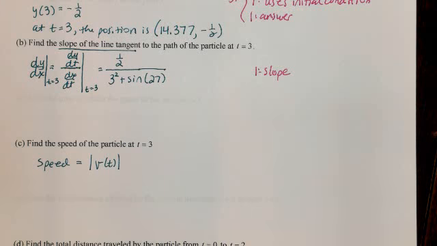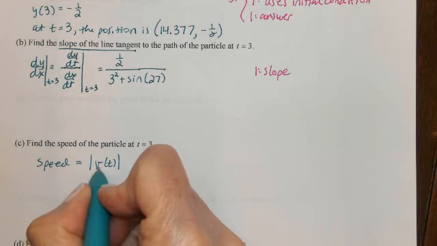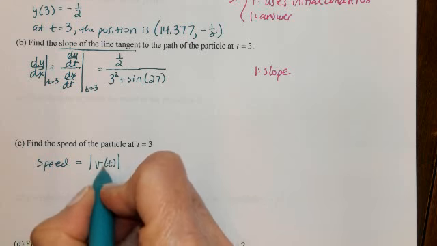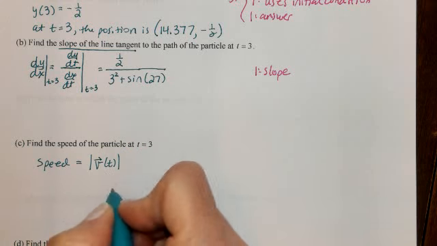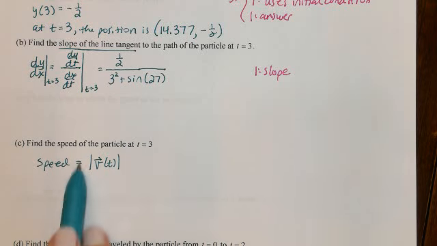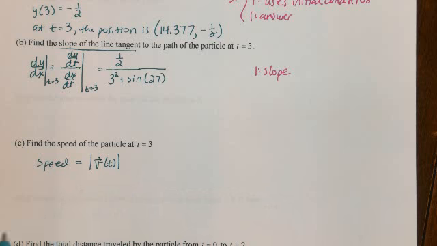This is how we wrote it for horizontal and vertical motion. The difference now is that the velocity is not a single value. The velocity is a vector. And so all of a sudden, instead of the absolute value of some function, we have the absolute value or the magnitude of a vector.